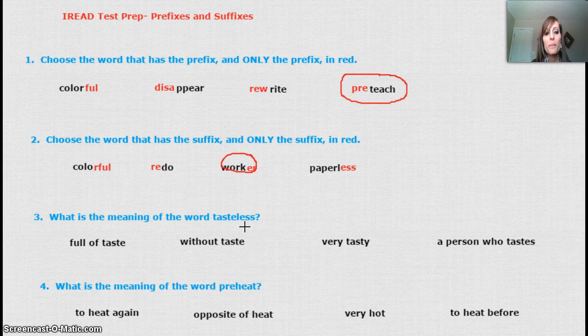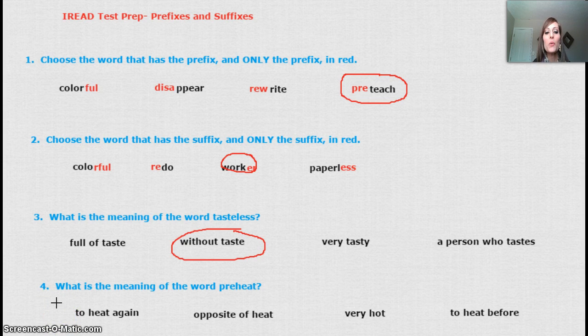Less means without. So does tasteless mean full of taste? No. Without taste? Maybe. Very tasty? I don't think so. A person who tastes? No way. Tasteless means without taste. Circle your answer.